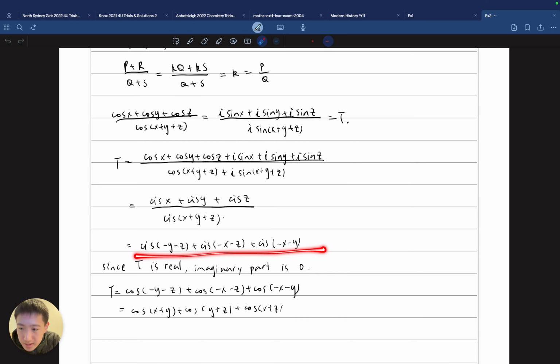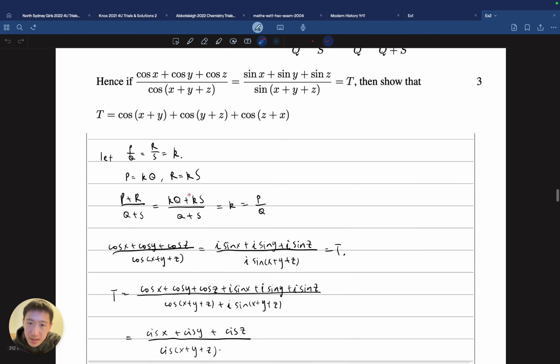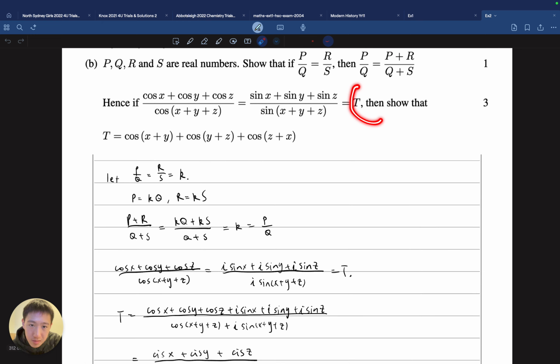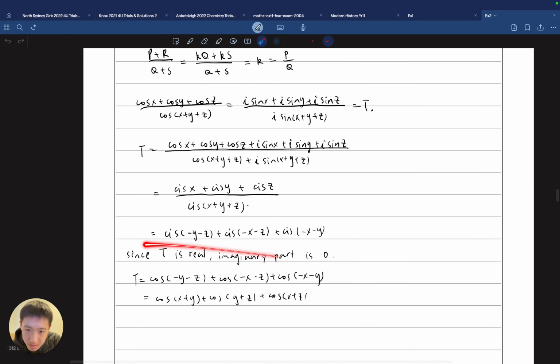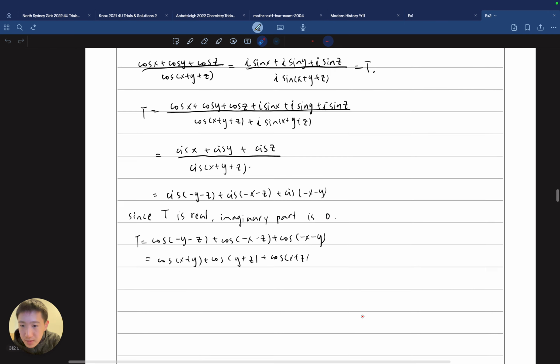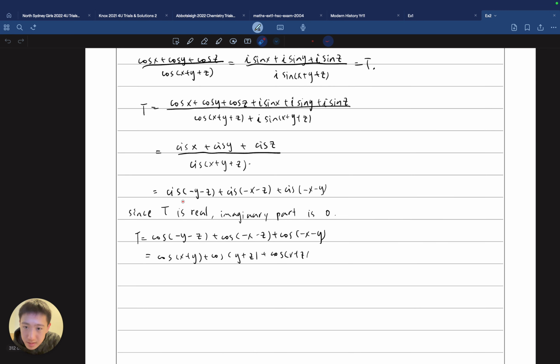When I reached here, initially I was confused, because t is absolutely real, right? Why on earth did it turn to this complex form? But now I know that if t is real and the logic is all correct here, then there's only one explanation. This thing's imaginary part is 0.